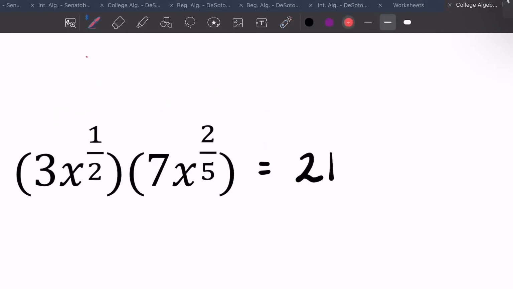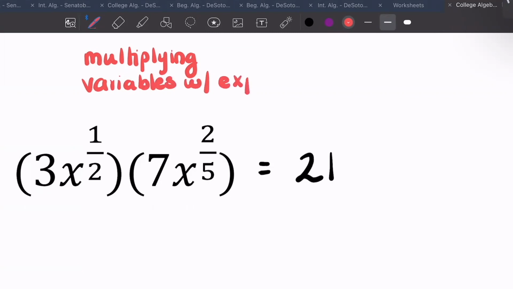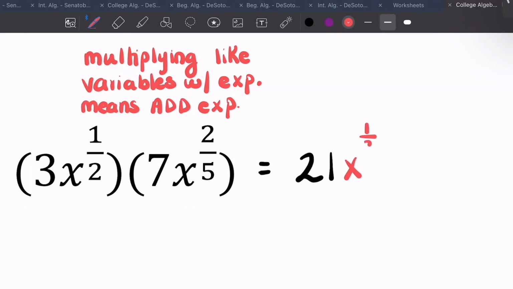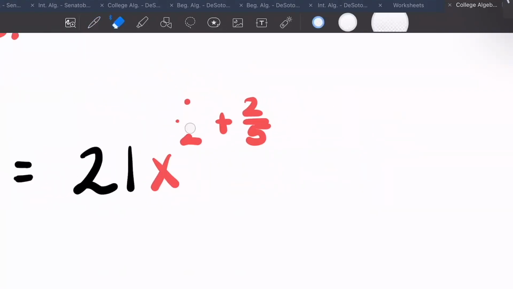Multiplying like variables with exponents means add exponents. So we're going to have x to the, and we need to add 1/2 plus 2/5. I'm going to write this a little smaller.